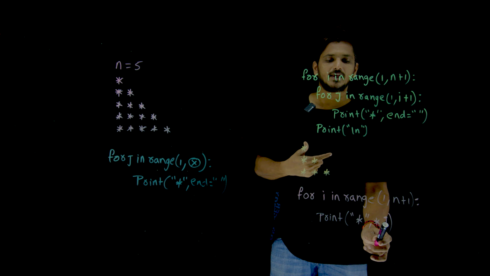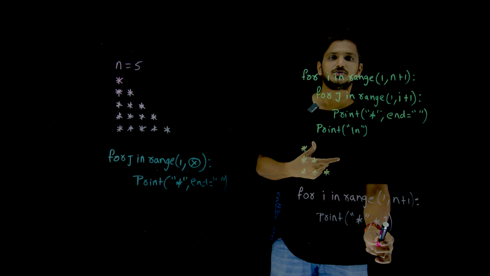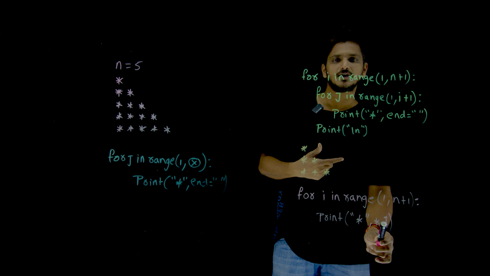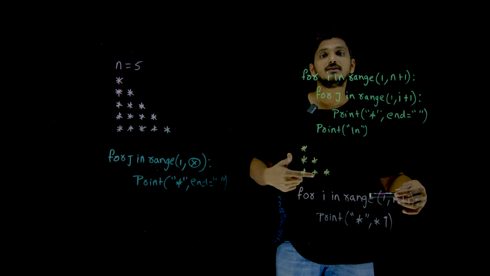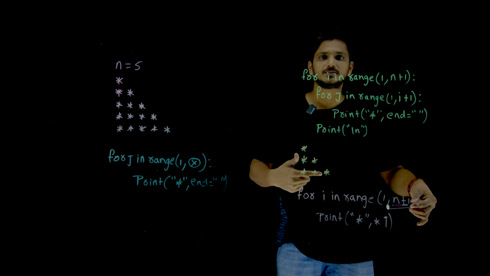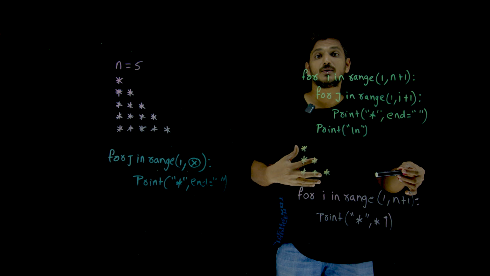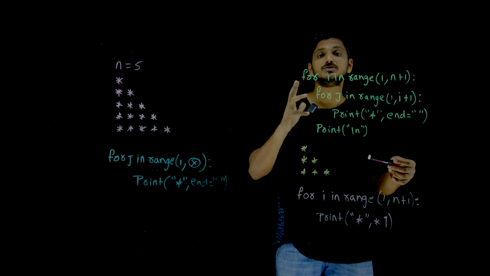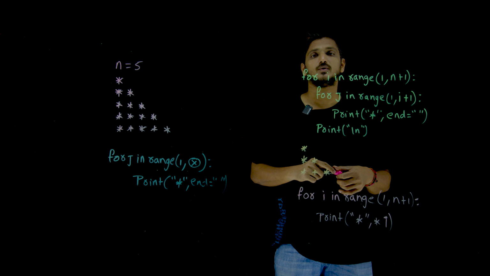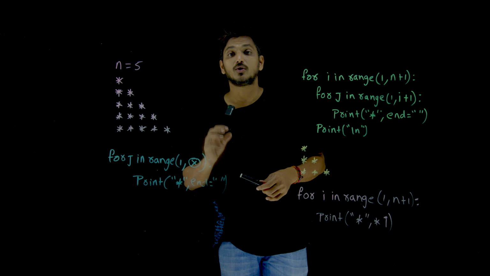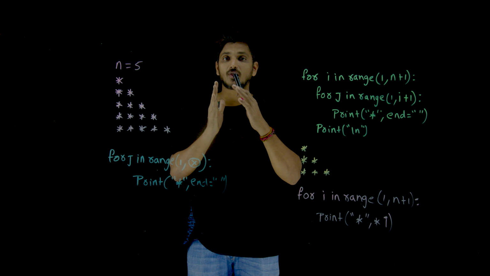For the first time, i is 1. For the second time, i is 2. For the third time, i is 3. So it displays the star 3 times, 4 times, 5 times. That's why writing code in Python is a bit easier compared to other programming languages. Hope you got good clarity about how to write this right triangle pattern.